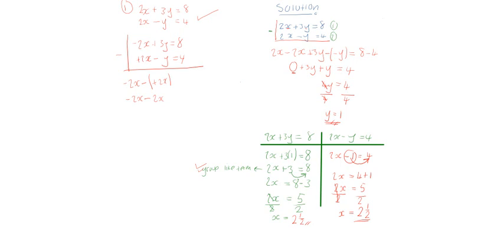Now, since this 2x is negative and the other 2x is also negative, I'm going to add these two because they have the same sign. So the answer will be negative 4x. Now the question I'll ask you is, have we eliminated the unknown variable x here? We have not. So it simply means if I use negative, the answer will be wrong.